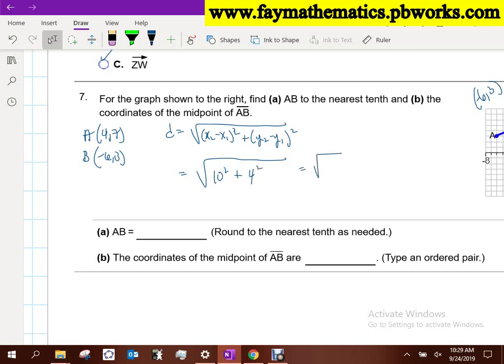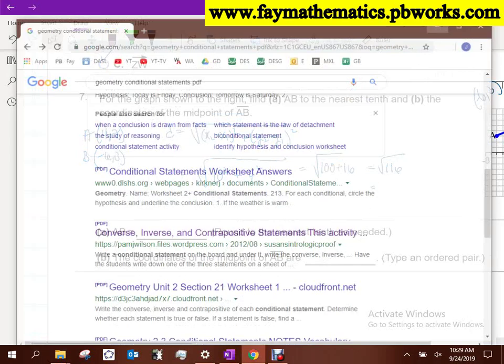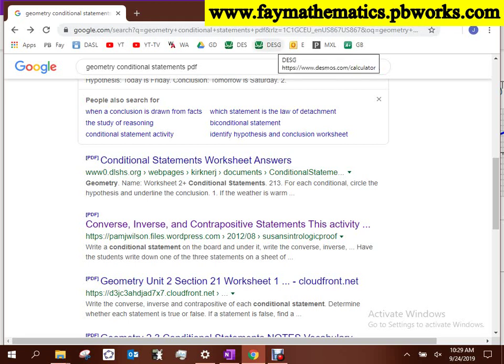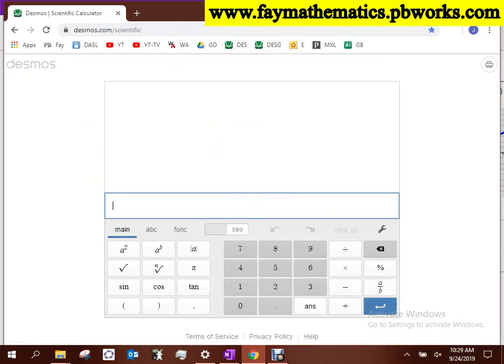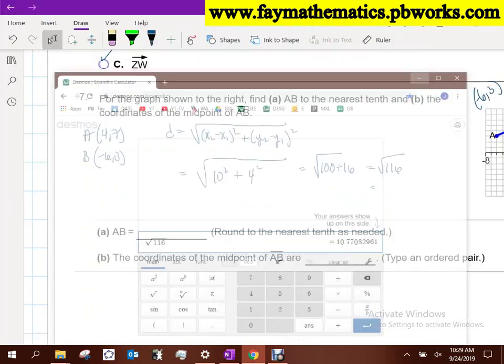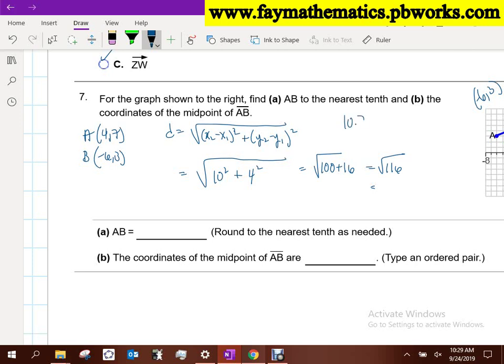So it gives me root 100 plus 16, which is root 116. Let's get a calculator open here. Square root of 116 is 10.77. They want nearest tenth, so I'm going to use this 7 and round that up. So 10.8 is what I'd be looking for there.